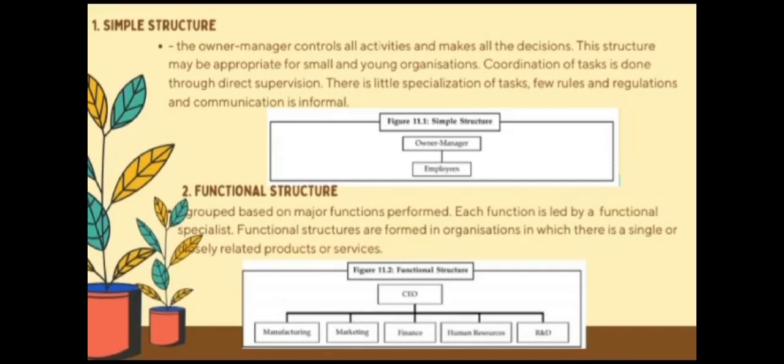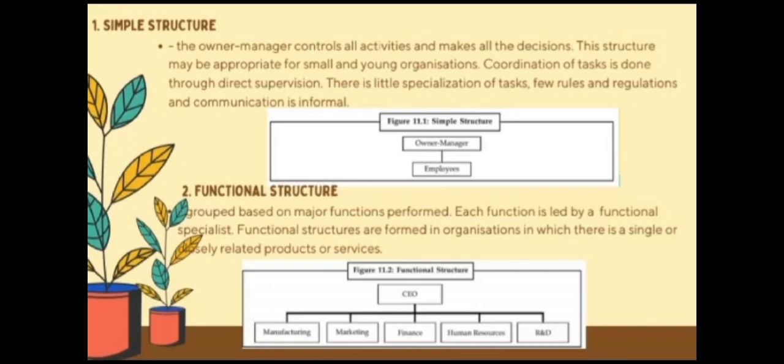This structure may be appropriate for small and young organizations. Coordination of tasks is done through direct supervision. There is little specialization of tasks, few rules and regulations, and communication is informal. In figure 1, simple structure, there are the owner-manager and the employees.